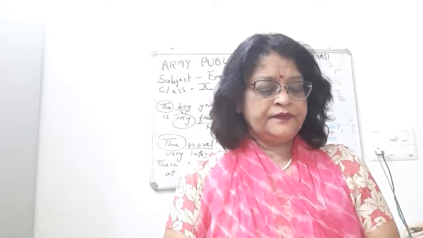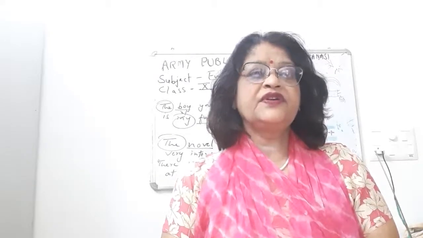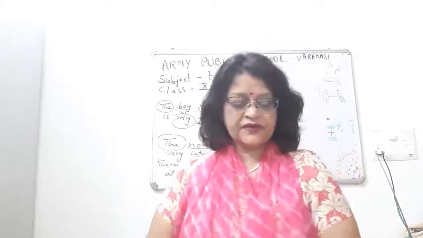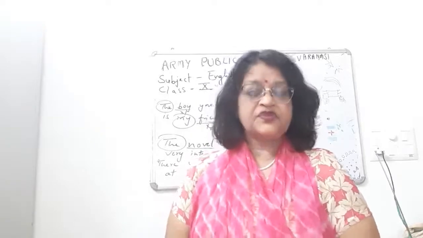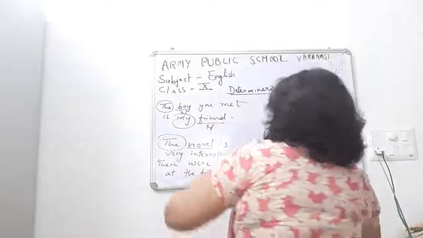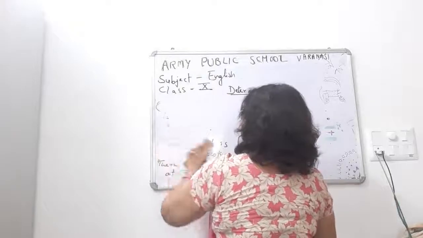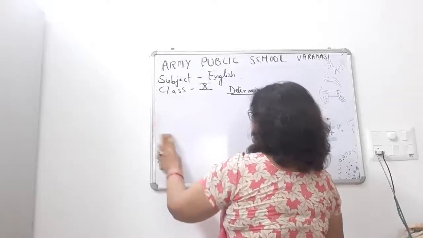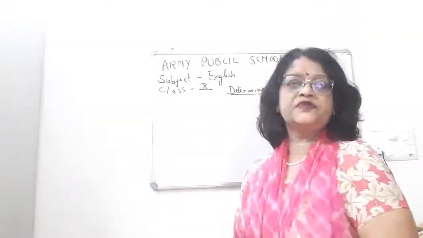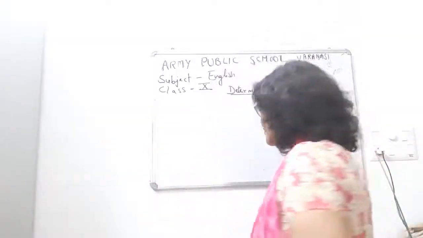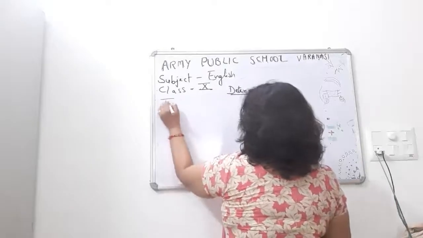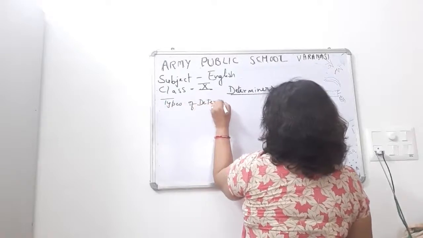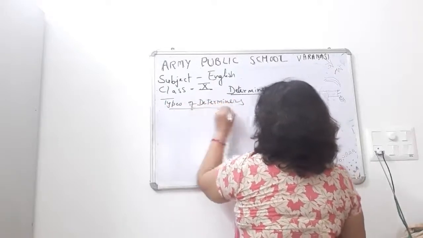Now children, there are types of determiners which I am going to discuss with you. How many types of determiners do we have? We have 8 types of determiners. You have to write this down.